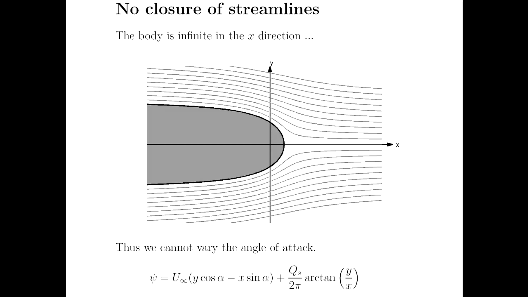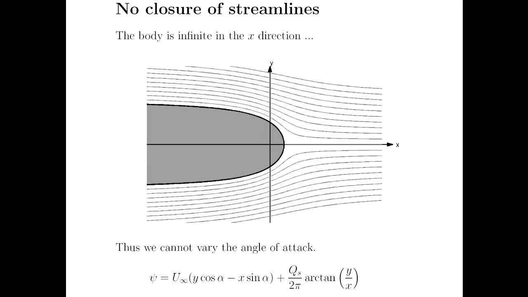The other issue with this half Rankine body is that we cannot vary the angle of attack. Now, remember we want to model a flow over an airfoil, and we also want to change the angle of attack of the airfoil to analyze the lift and drag acting on it.